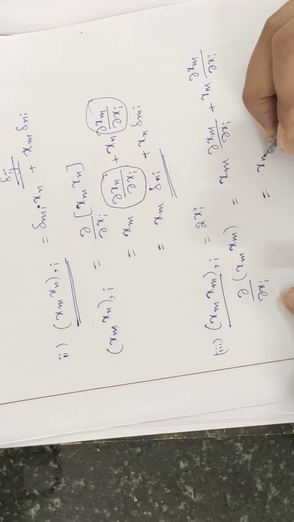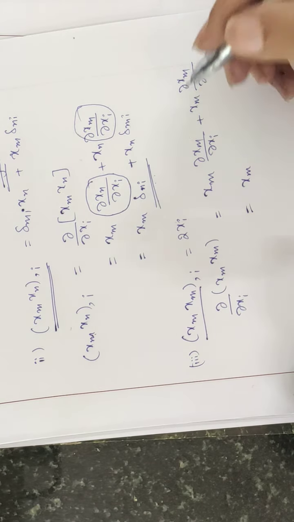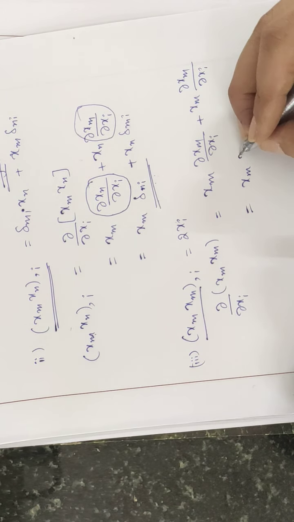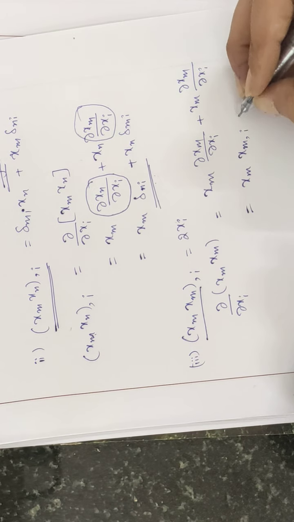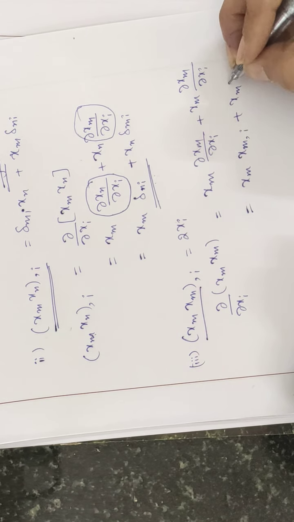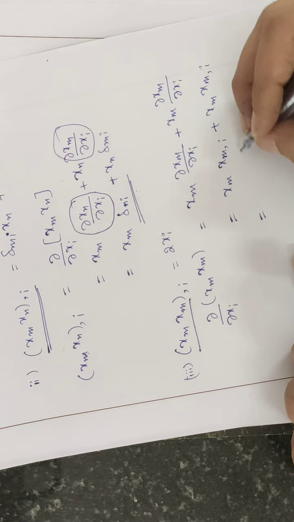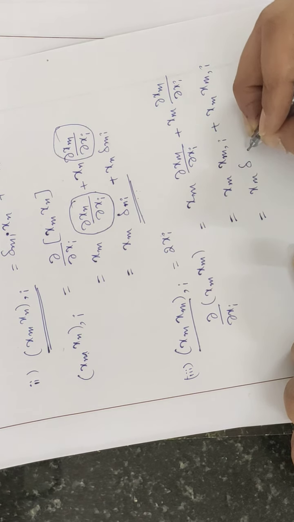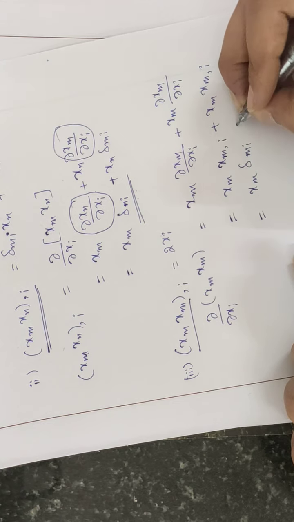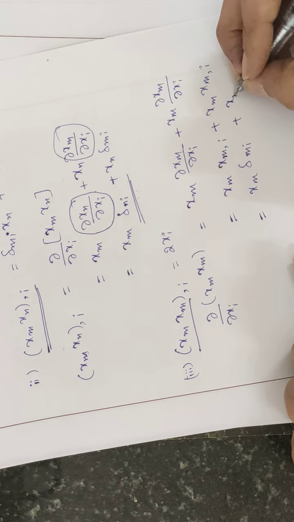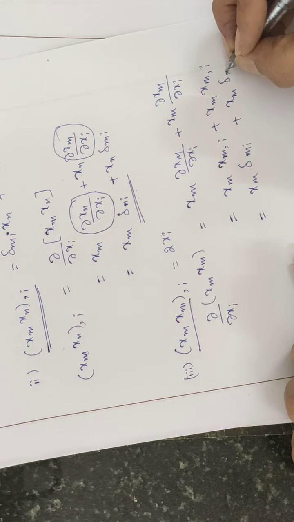Retain xm as it is. This is nothing but xm into xm comma i plus xm into xm comma i. Again I can write this as xm into delta mi plus xm into delta mi.